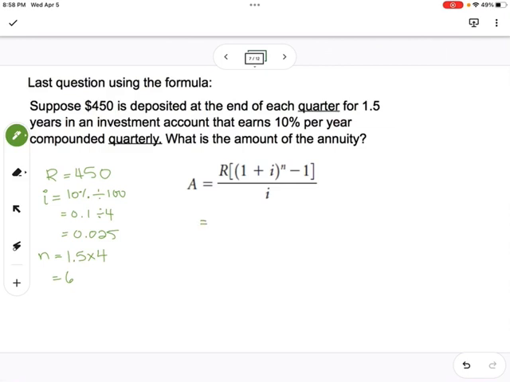So A is equal to 450 times, and we have (1 plus 0.025) to the exponent 6, minus 1, and that's divided by 0.025.